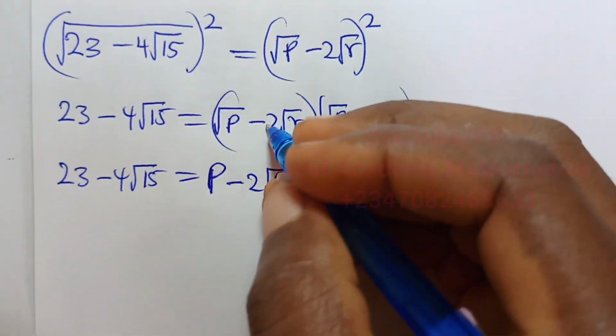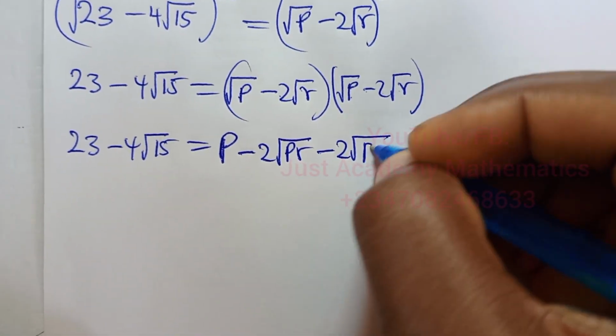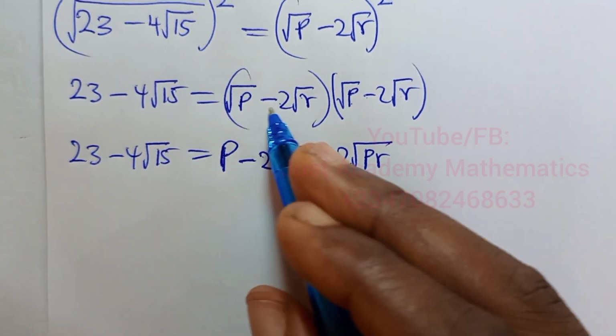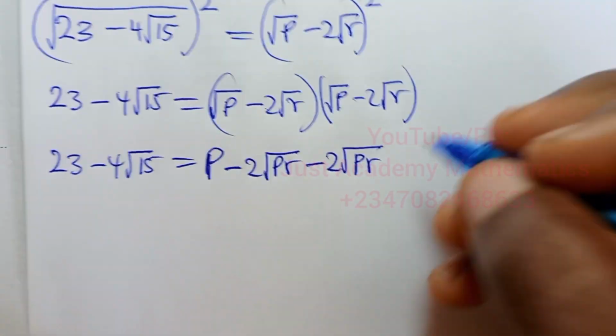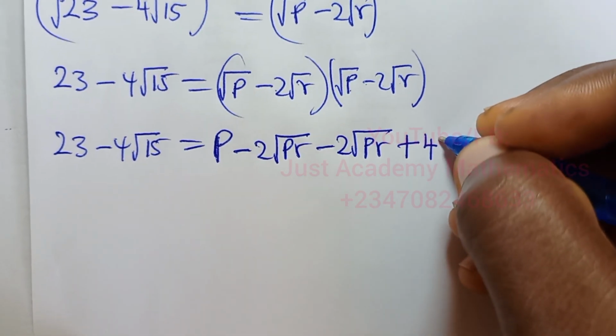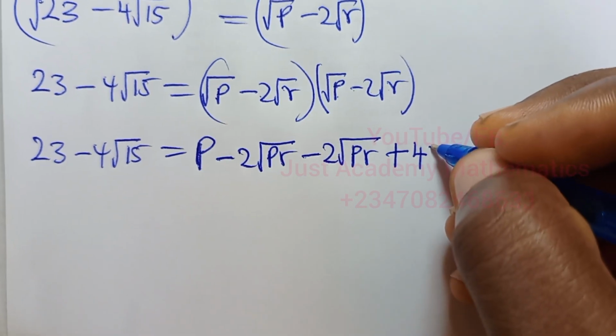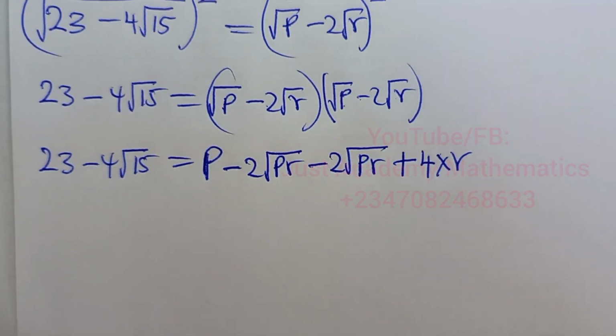The same thing here, minus 2 root R times root P will give me minus 2 root PR. Minus 2 root R times minus 2 root R will give me plus 4R, because root R times root R will give us R.